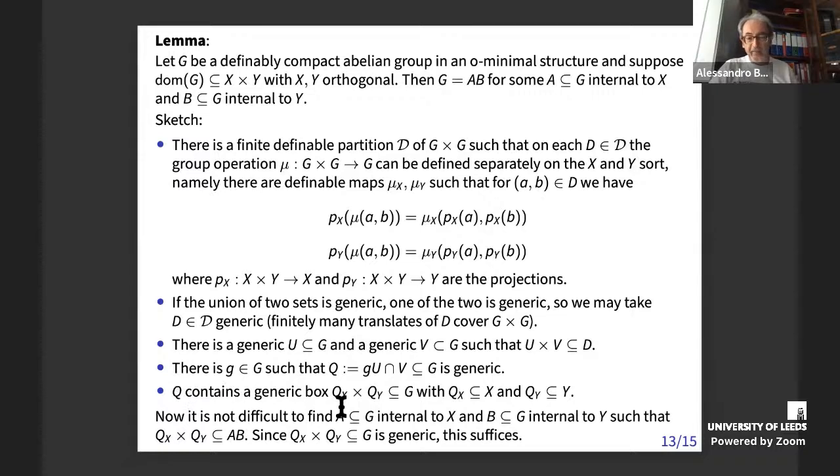So Q contains a generic box, Q_x times Q_y, one living inside X and the other living inside Y. And you are almost done.